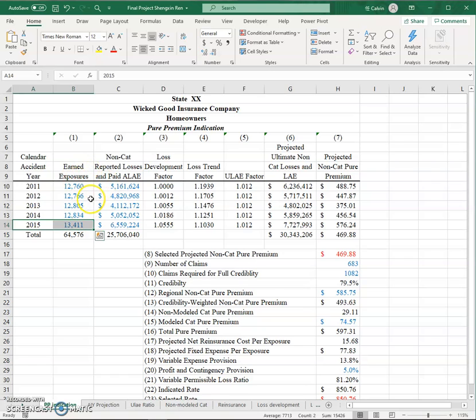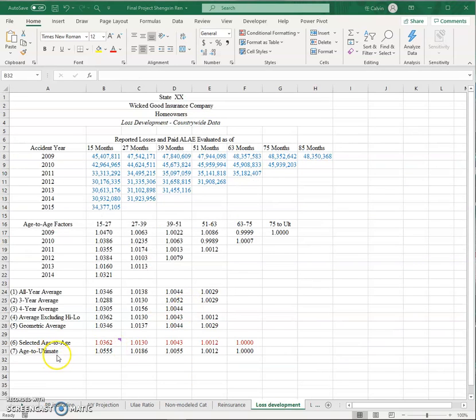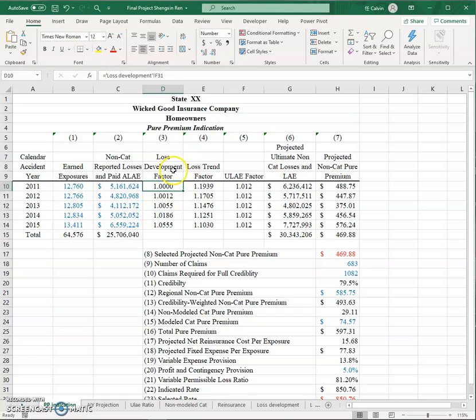The earned exposure and non-catastrophe reported losses and paid ALAE are given, and we also calculate the total. We use the number of H, the ultimate number, as our loss development factors.